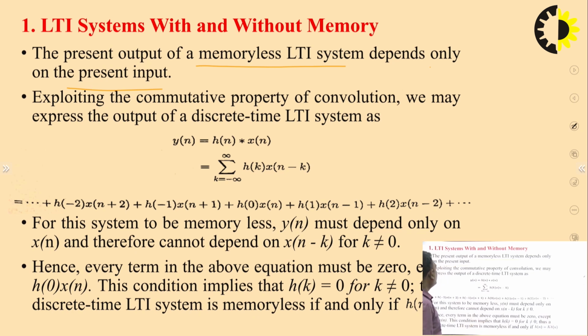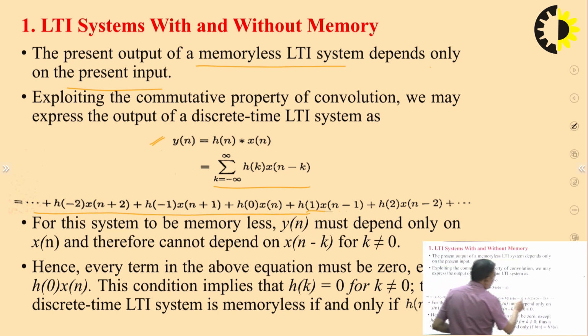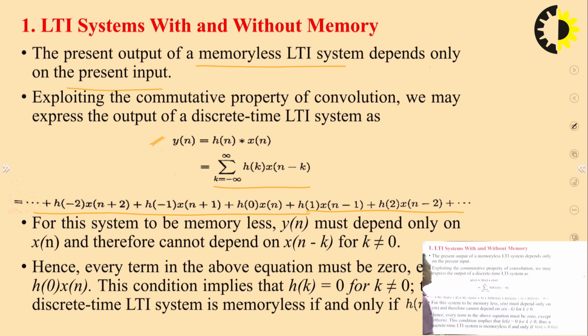Now you know the definition of convolution, h[n] convolution x[n], because this is commutative. Rather than writing x[n] convolution h[n], we write h[n] convolution x[n], which is the summation of h[k] times x[n minus k], k equals minus infinity to infinity. If we expand it, we get this type of term.